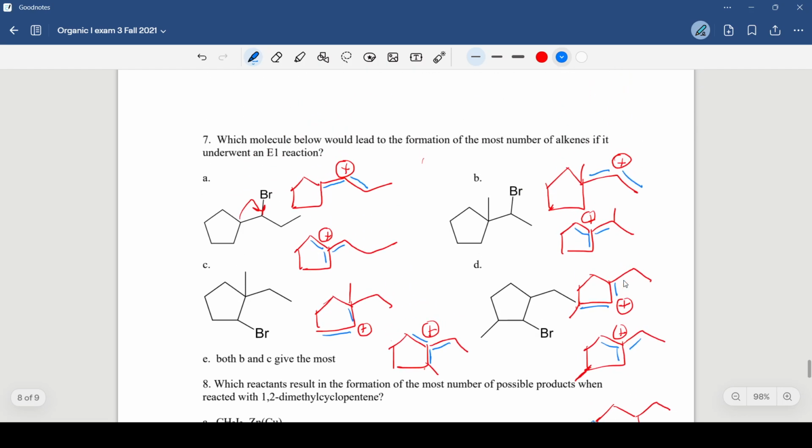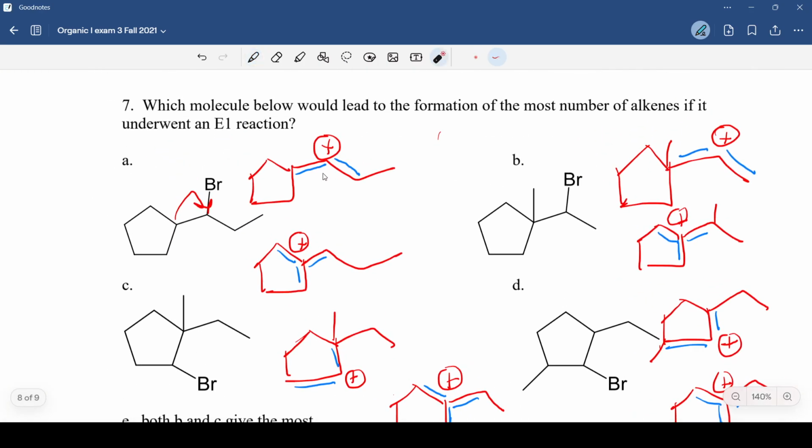And some of these might be overlapping. You see how this one and this one would yield the same product. So that's what you have to keep into account. So 1, 2, this one's already repeated, 3, 4. So this one has 4.